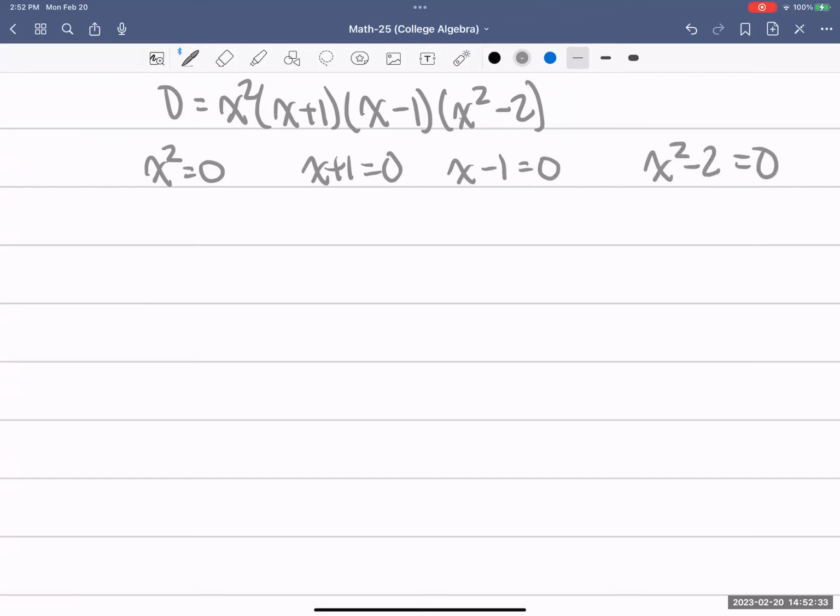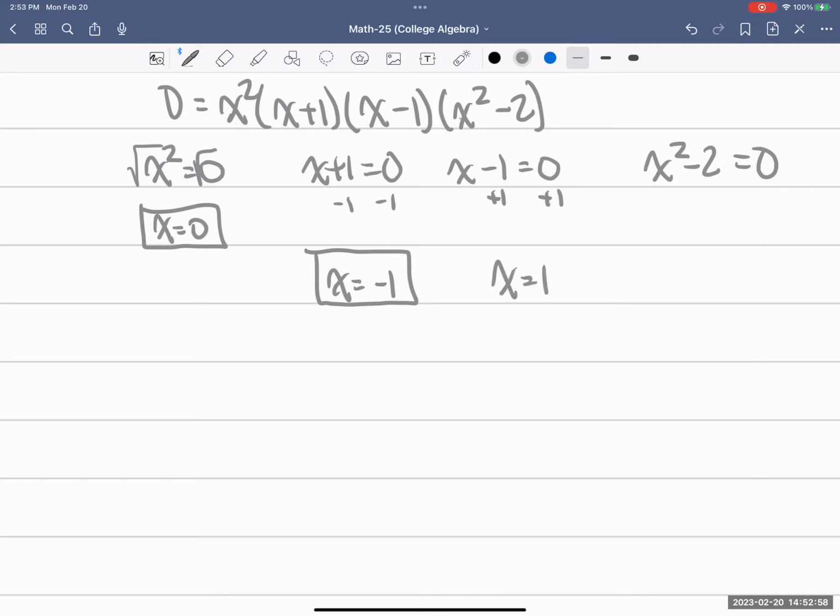And let's figure out where this function is equal to 0. So here we could take the square root of both sides. We have x equals 0. That's one solution. Subtract 1 from both sides, we have x is equal to -1. Add 1 to both sides, x is equal to +1.